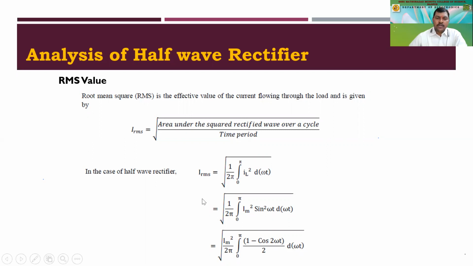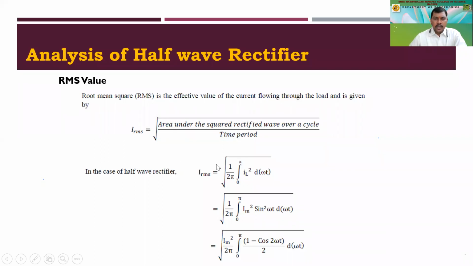In case of a half wave rectifier, IRMS will be equal to the square root of 1 by 2 pi integration of 0 to pi IL square d omega t. Okay, and again, substituting it and solving it, we will get this type of equation.